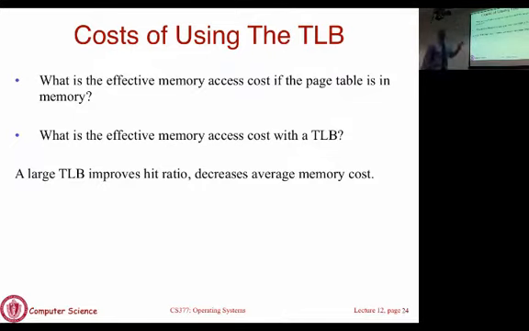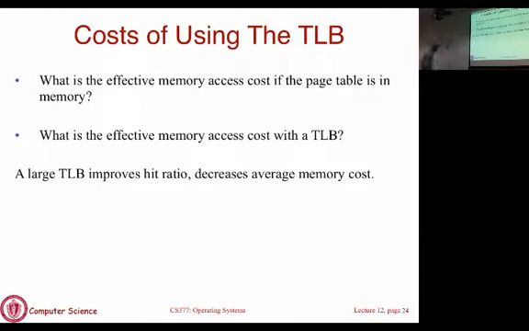Okay. So now let's analyze performance. So how much speed up did we really get as a result of TLB? First we'll ask, if the page table was stored in memory with no TLB, what is the effective cost of a memory access? We already said the entire page table is in memory. There is no TLB. For every instruction that has a memory operand, you have to do a second memory lookup just to access the page table. So the effective cost of memory is 2 lookups for every real lookup that you perform.